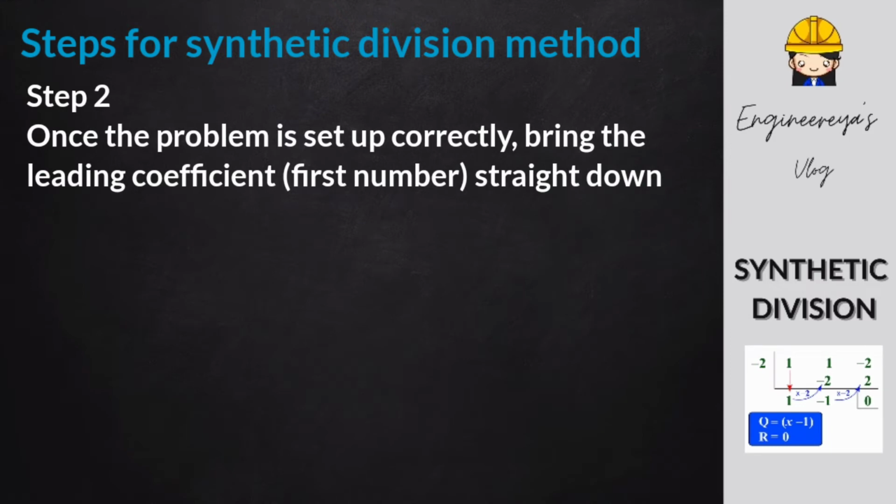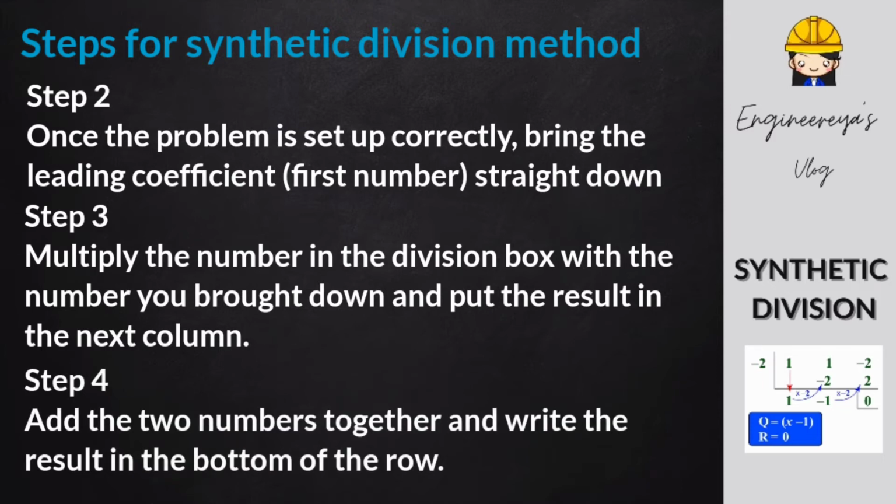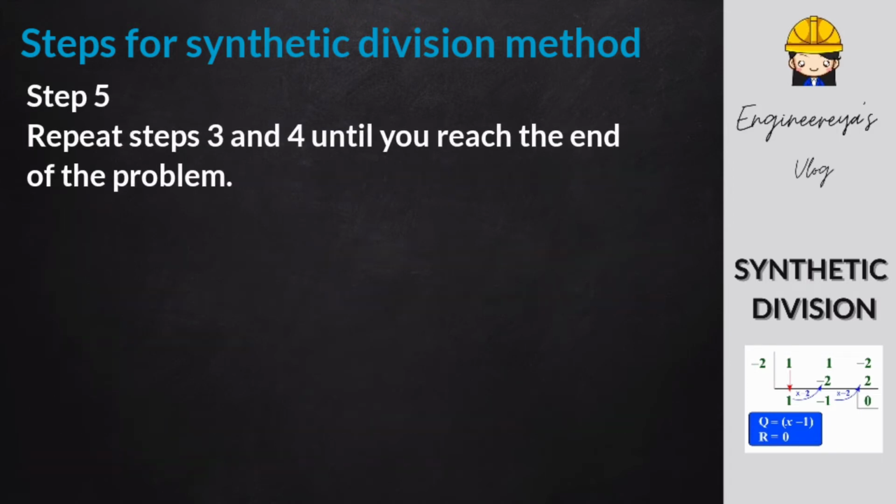Step 2. Once the problem is set up correctly, bring the leading coefficient, or the first number, straight down. Step 3. Multiply the number in the division box with the number you brought down and put the result in the next column. Step 4. Add the two numbers together and write the result at the bottom of the row. Step 5.